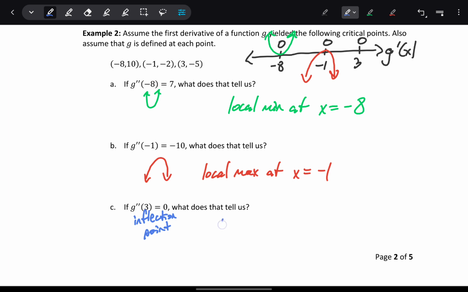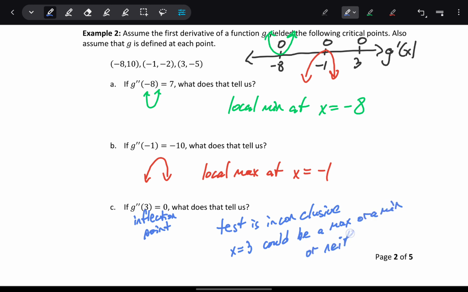So all we can say in this case is that the test is inconclusive, and x equals 3 could be a maximum or a minimum or neither.